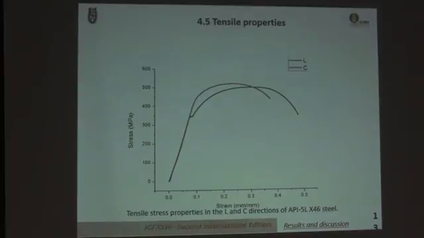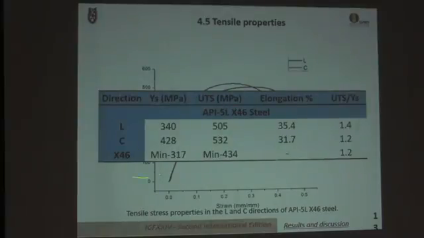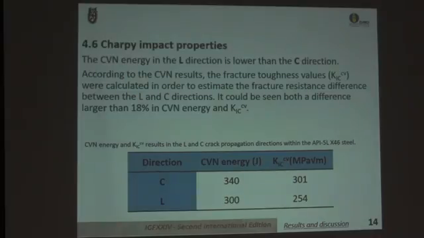And we calculated the difference in tensile stress, and both directions are within the limit that corresponds with the specification, but there is a difference between the two directions evaluated.